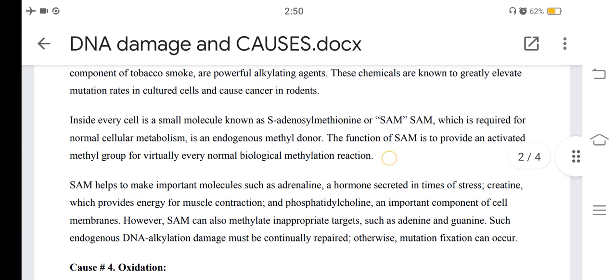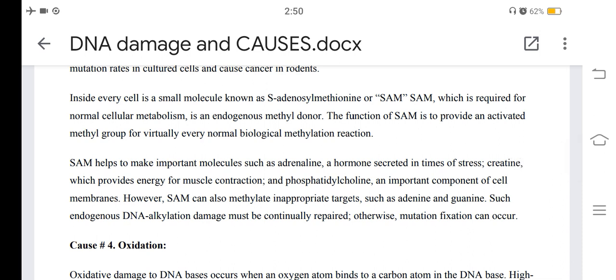Inside every cell is a small molecule called S-adenosyl methionine, or SAM, which is required for normal cellular metabolism and is an endogenous methyl donor. The function of SAM is to provide an activated methyl group for virtually every normal biological methylation reaction.